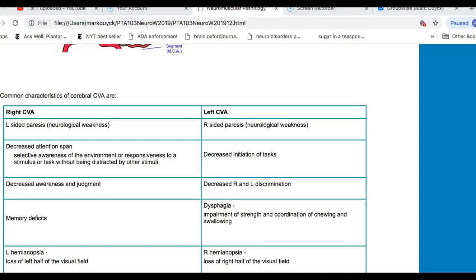So in this section, I want to talk about the differences between a stroke on the right side versus the left side, and how the presentation of your patient will be different depending upon where that insult to the brain occurs.